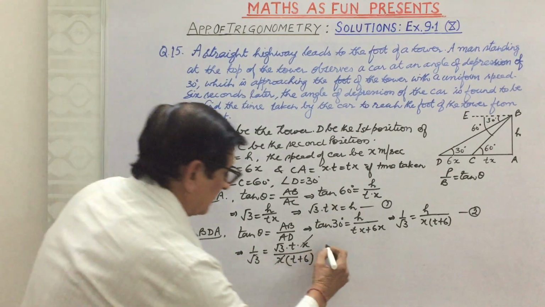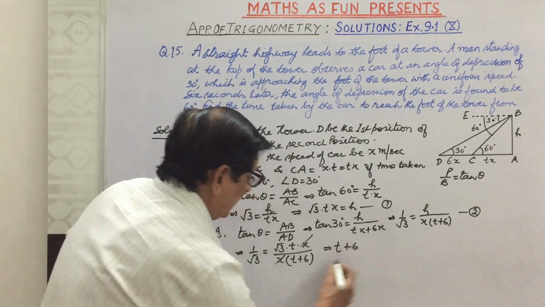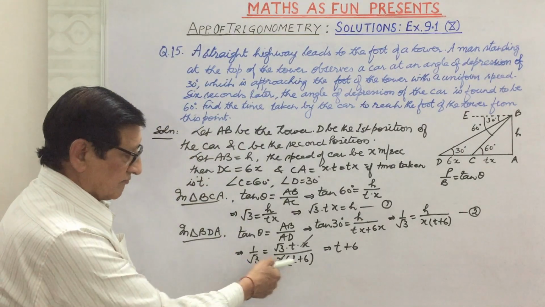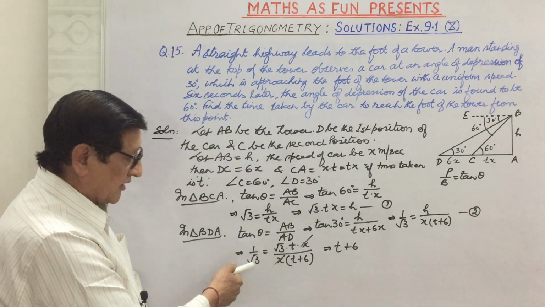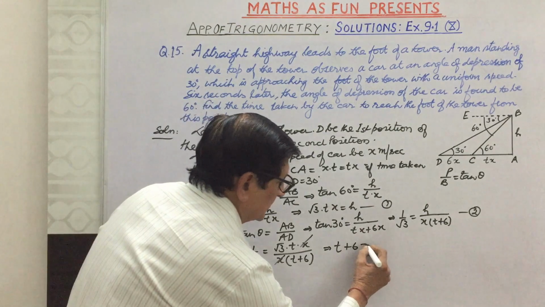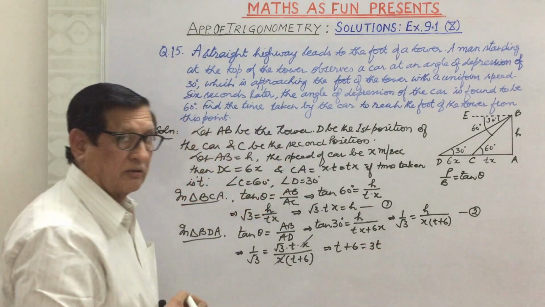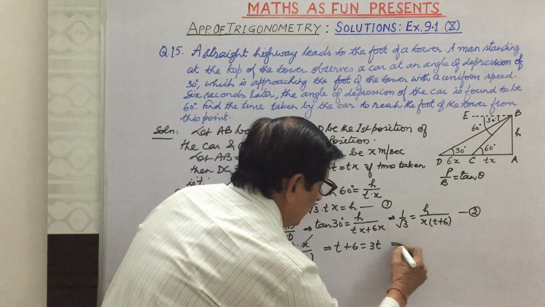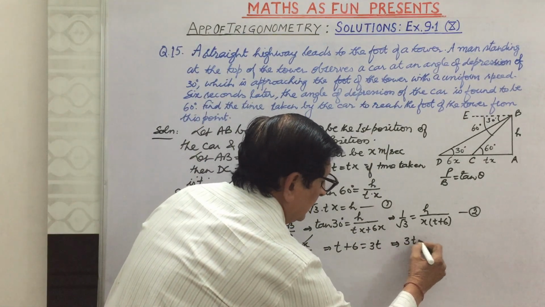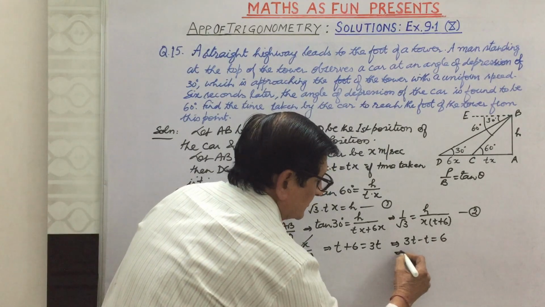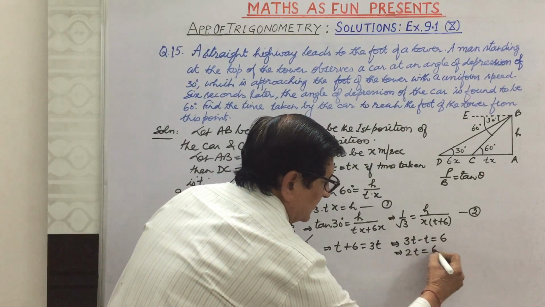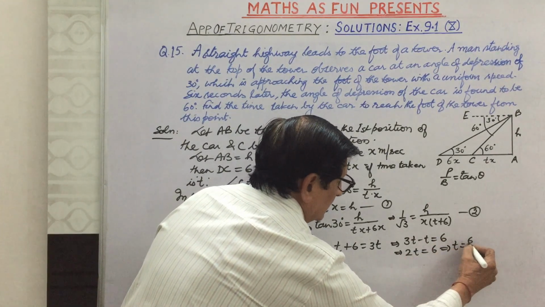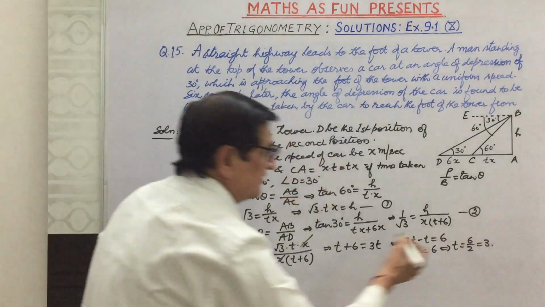And when we cross multiply, we are getting t plus 6 into 1, that is t plus 6, equal to root 3 into root 3 is 3, that is 3t. Transposing t, we are getting 3t minus t is equal to 6. It means 2t is equal to 6, or we can say t is equal to 6 by 2, that is 3.